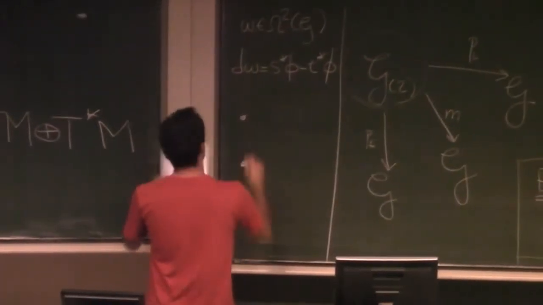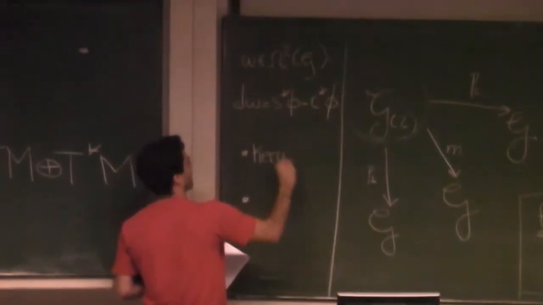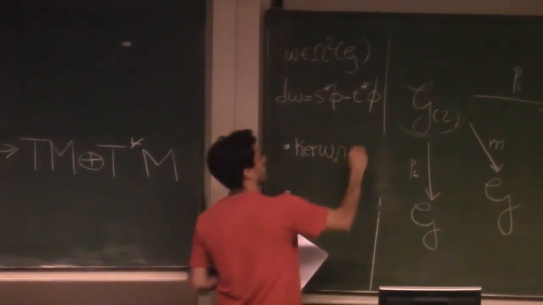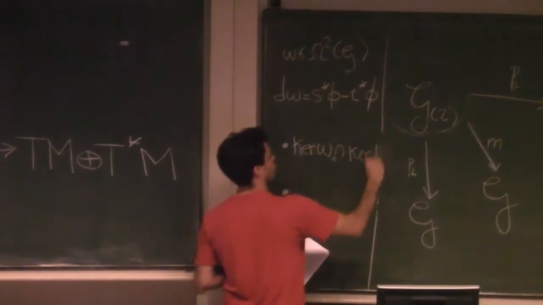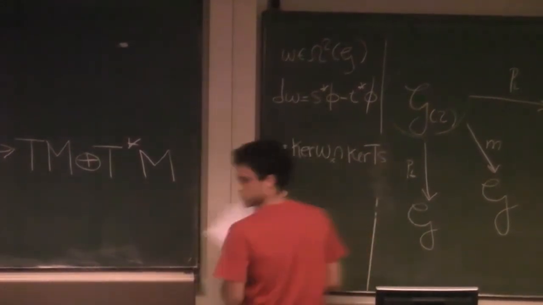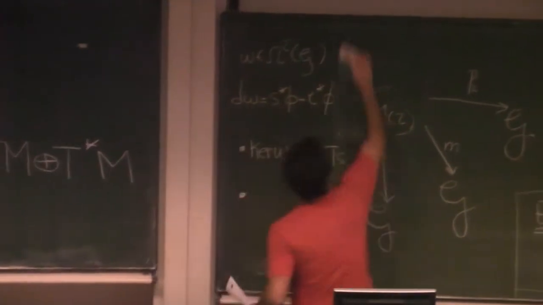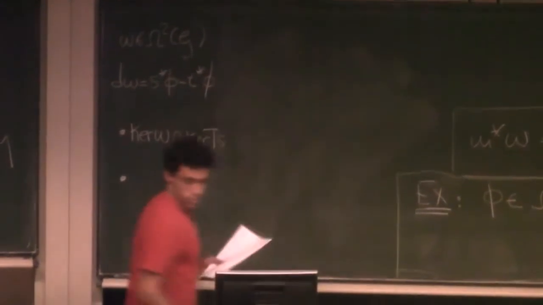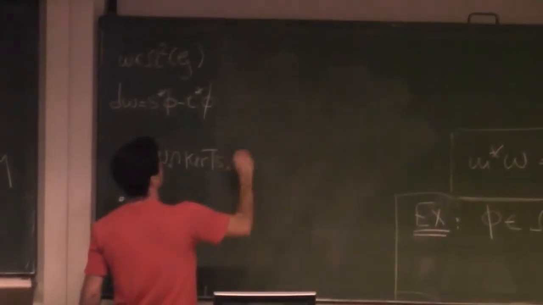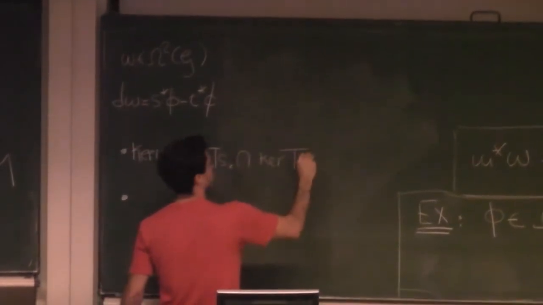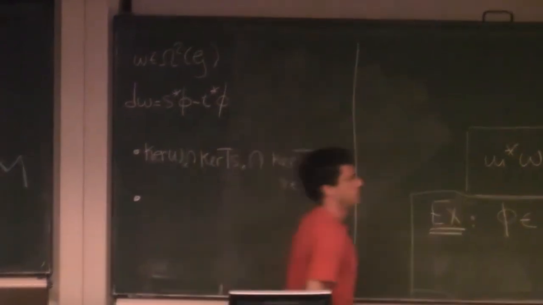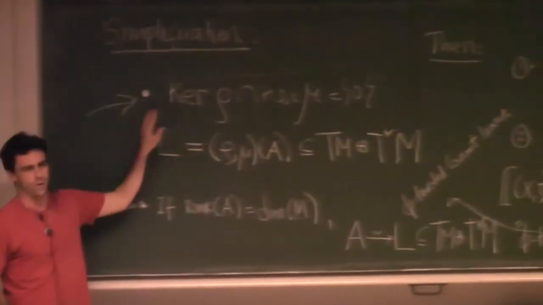And the analogs were, the first one was that the kernel of the two-form was somehow controlled. So the first was that the kernel was controlled, so it couldn't degenerate too much, right? So this is just this condition, in a way.